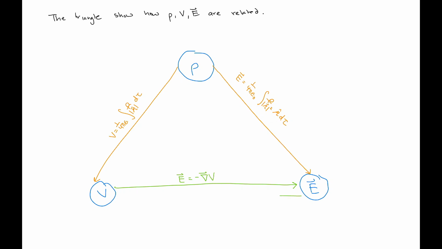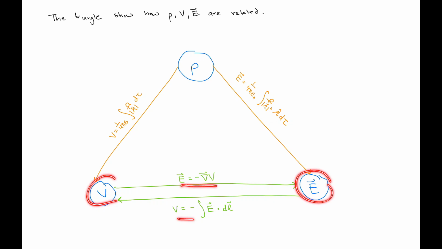And then this is how we define the voltage as being this thing that's equal to the negative of a line integral along a path of the electric field. So I can calculate one of these from the other using either of these equations.